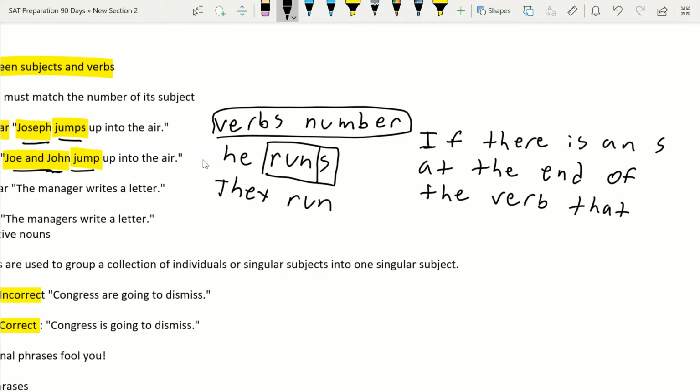That S isn't part of that base word, right? So that S can be added on or dropped and it's still a word. If there's an S at the end of the verb that can be dropped without messing up the base word.